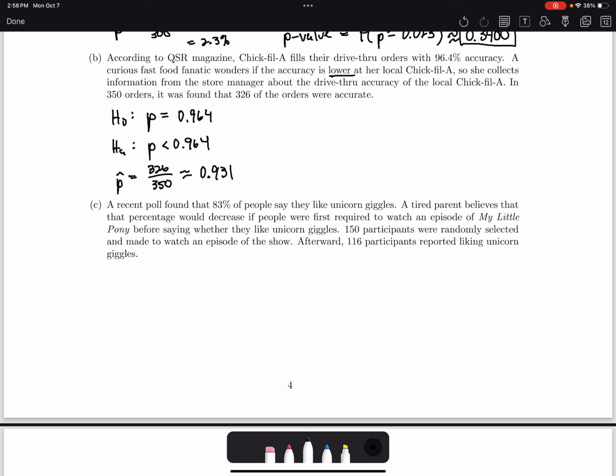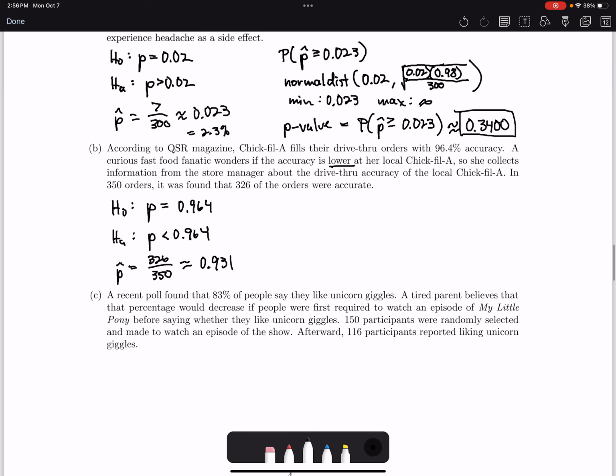Let's see if that's statistically significant, right? So we'll say we want the probability of obtaining the sample result that we obtained, or something more extreme than that. Now, in this case, since this is a left-tailed test, more extreme, if 0.931 is unusual, then anything smaller than that would also be unusual.